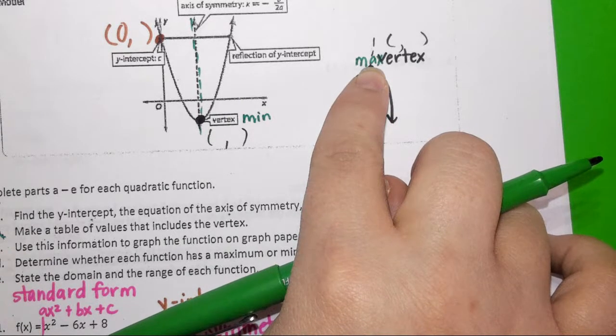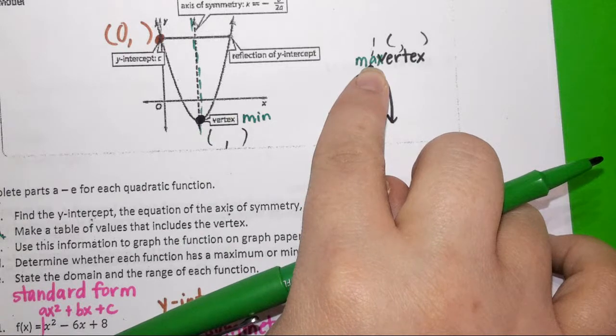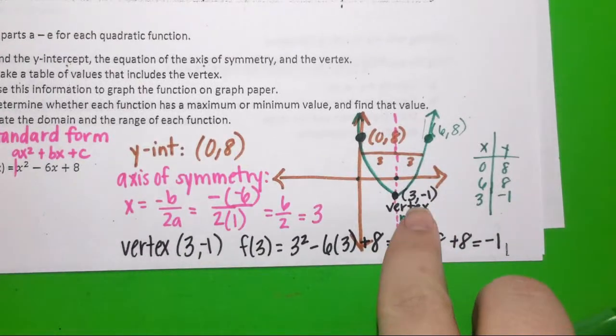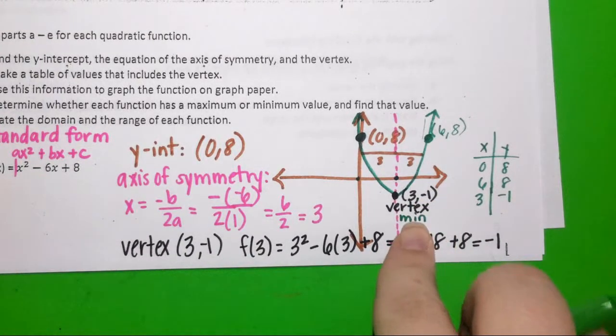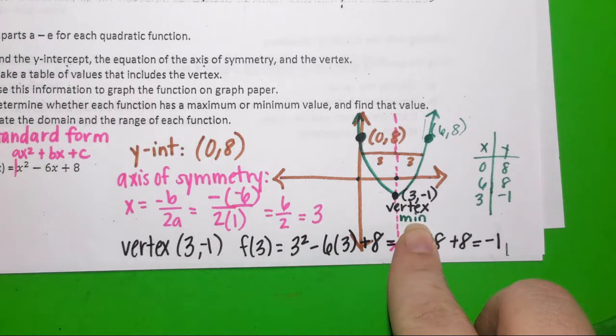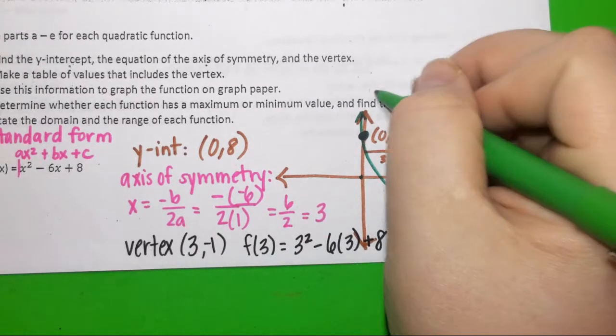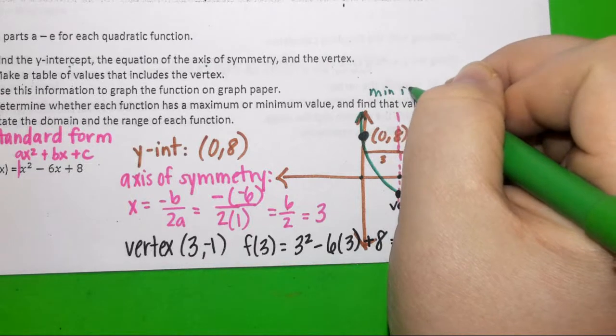So literally, once we found the vertex, it's like finding the Holy Grail, because you know all the things. So ours is a min at 3, -1. Normally when they ask max or min, they're only wanting the y coordinate, so you probably say min at -1. But if you told me the whole ordered pair, I'm not going to count off. Okay, so the min is -1.